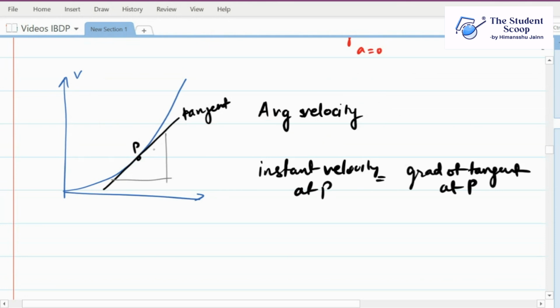But this has to be not a velocity versus time graph, but rather a displacement versus time graph. In a displacement versus time graph, this will be very much clear.